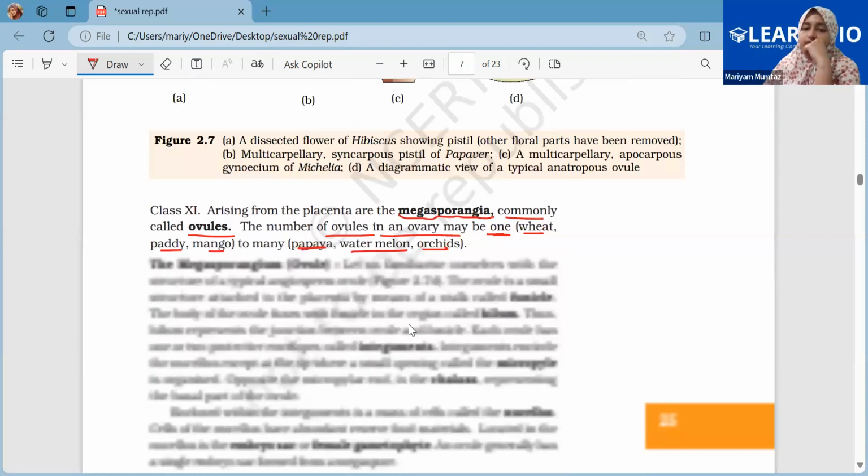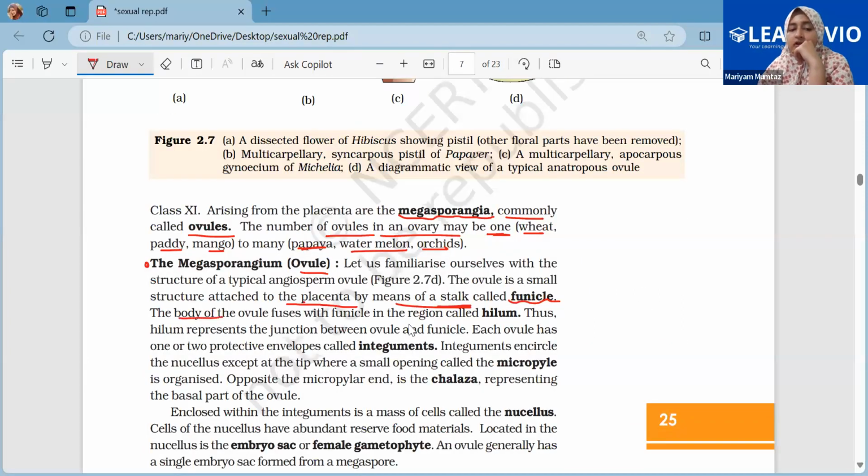Now, the body of the ovule fuses with the funicle in the region called the hilum. Thus, hilum represents the junction between the ovule and the funicle. So, right below the funicle, there is a part which is known as hilum. And hilum is where the ovule gets attached onto the stalk-like structure called the funicle.